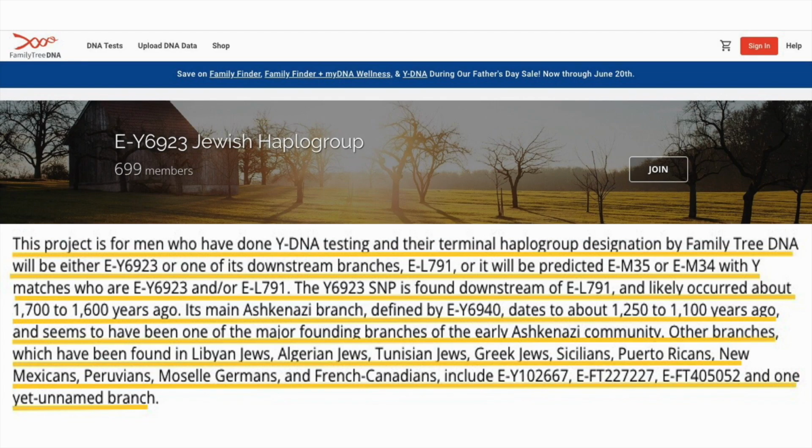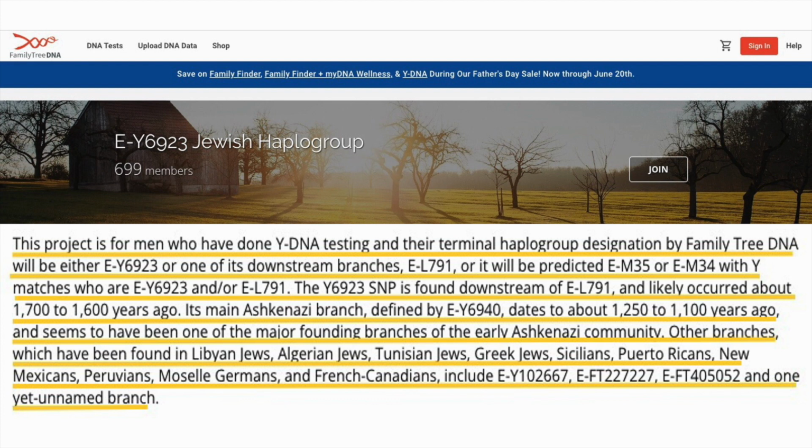According to Family Tree DNA titled E-Y6923 Jewish Haplogroup, it reads, "This project is for men who have done Y-DNA testing, and their terminal haplogroup designation by Family Tree DNA will be either E-Y6923 or one of its downstream branches, E-L791, or it will be predicted E-M35 or E-M34, with Y matches who are E-Y6923 and/or E-L791.